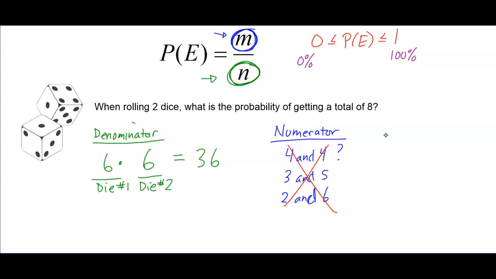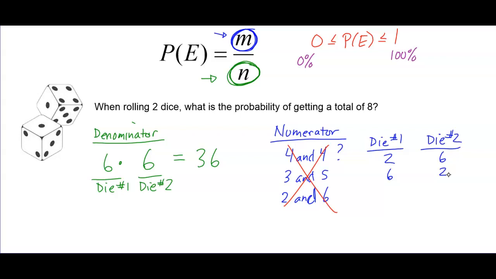You might want to be a little more organized about it and list out the possibilities based on which die rolls which number. So 2 and 6 and 6 and 2 are actually 2 different possibilities. It's the same 2 numbers, but you've got a different die rolling the 6 and a different die rolling the 2.